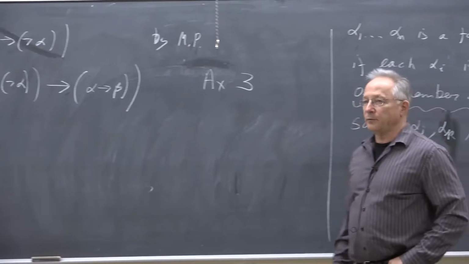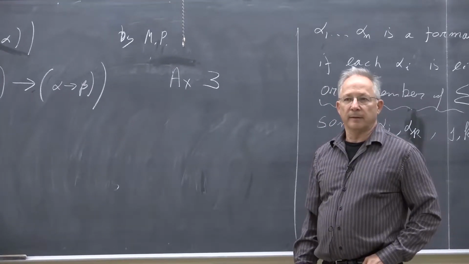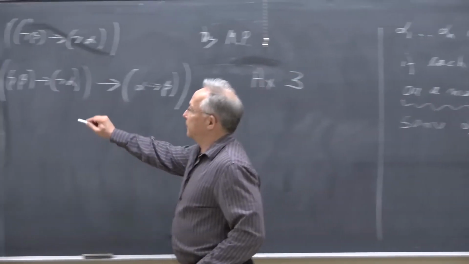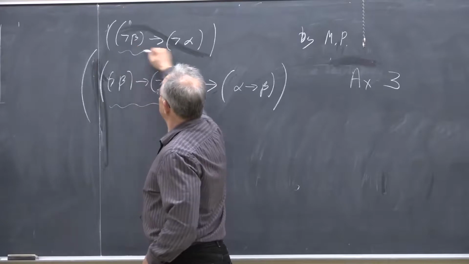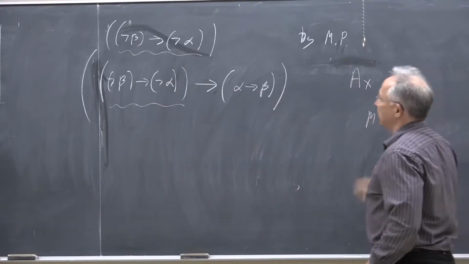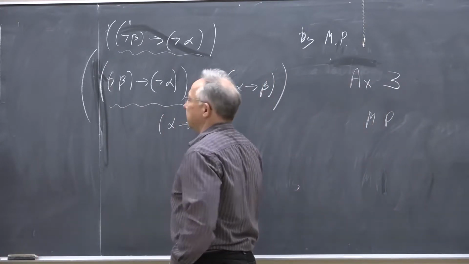And what have I gained from this now? I can use modus ponens again. Now I'm happy because I can use modus ponens again, and I get alpha, arrows, beta.